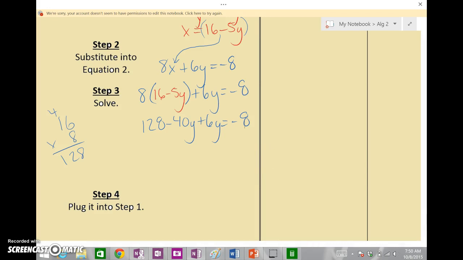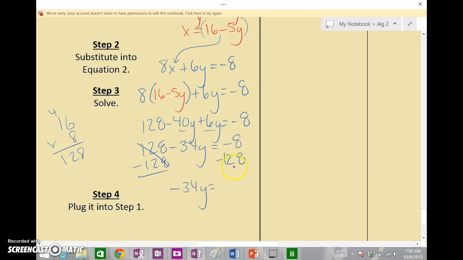Alright, so again, let's combine the terms on the same side. The negative 40 and the 6 make negative 34y. And then rewrite our negative 8. Then I'm going to subtract this 128 from this side, get rid of it.